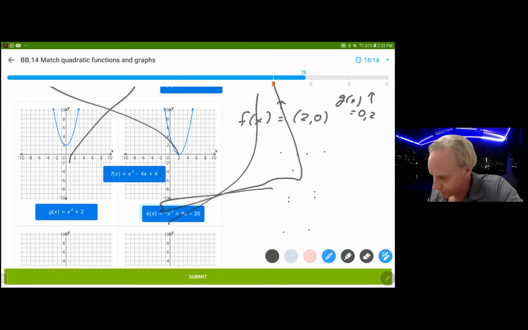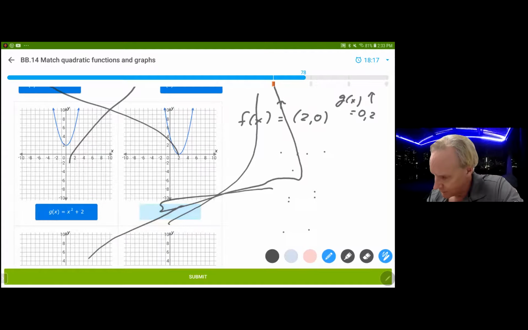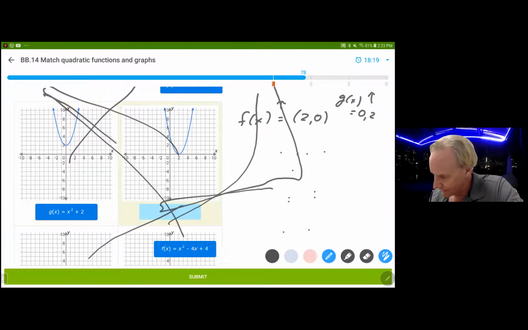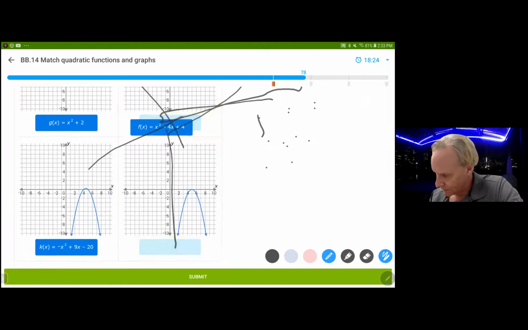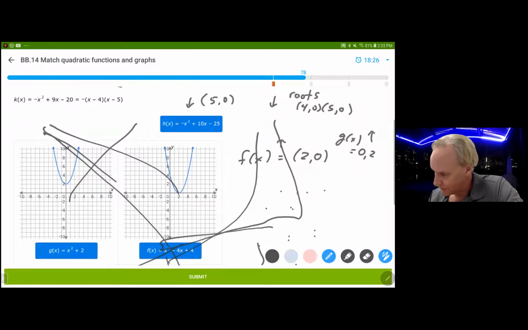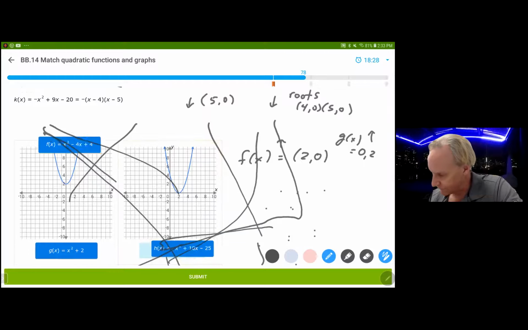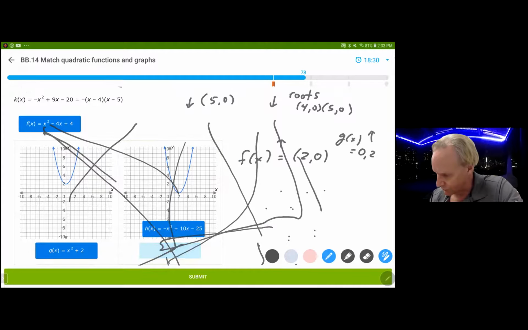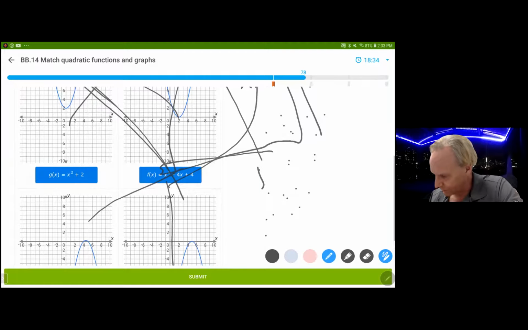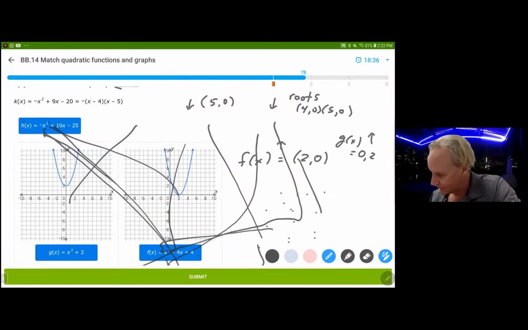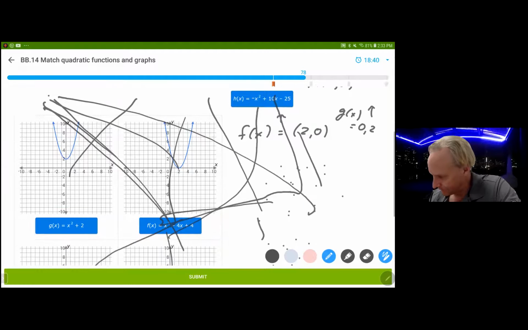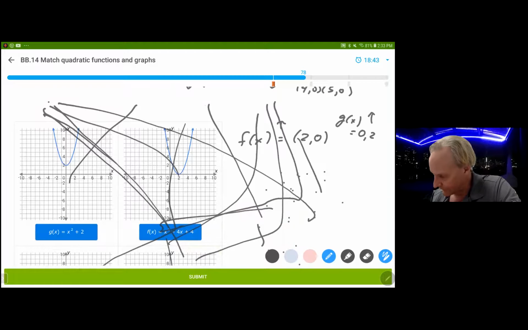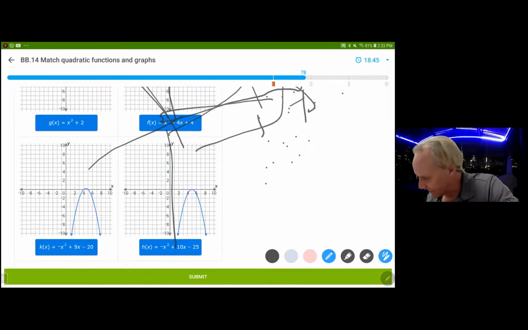Oh. I'm really making a mess of this, aren't I? Okay, and then this one is (5, 0). Oh, no, no, no, no, no. This one goes over here probably. Yep, (5, 0), there it is. I really made a mess of it. Come on. There we go. Looks like I finally got him in place.